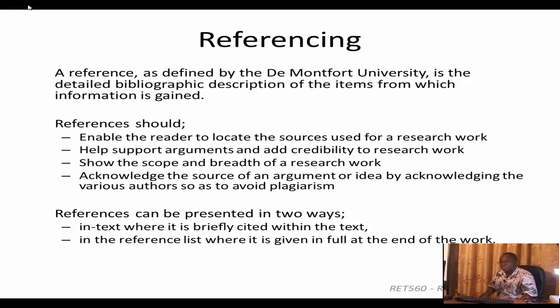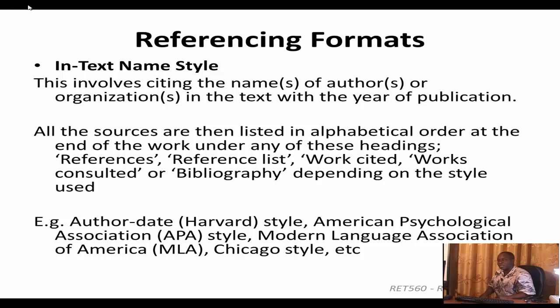Now, references can be presented in two ways: in text, where it is briefly cited within the text, or in the reference list, where it is given in full at the end of the work. Now, there are several referencing formats. First, the in-text name style. This involves citing the name or names of the author or authors or organization in the text with the year of publication.